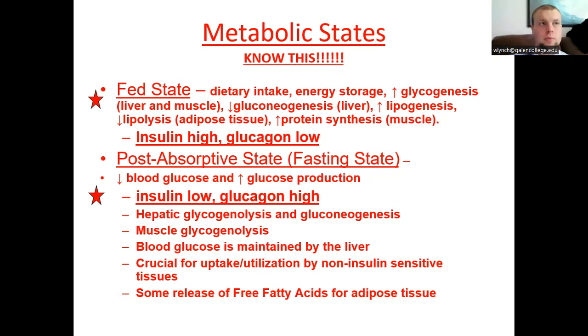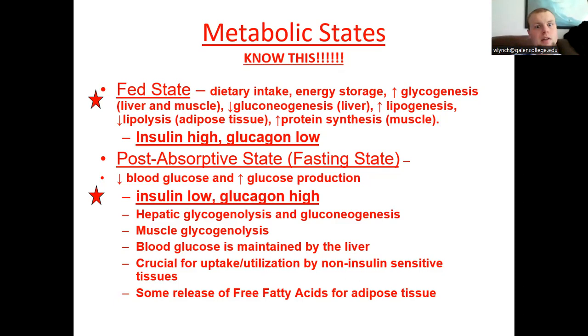Then we have the post-absorptive state, which is known as the fasting state. This is going to come in the intermediate times between meals, usually 3 to 4 hours after intake of a meal as we start to enter the fasting state. This is where we have a decrease in blood glucose and an increase in glucose production. So during the fasting state, insulin is low, glucagon is high.